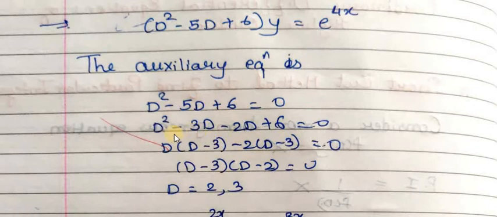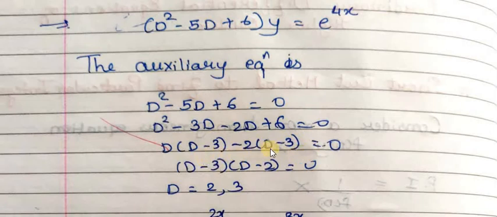Now taking D common from these two terms, we have in bracket D minus 3. Now taking common minus 2 from the other two terms, we have into bracket D minus 3, equals 0.